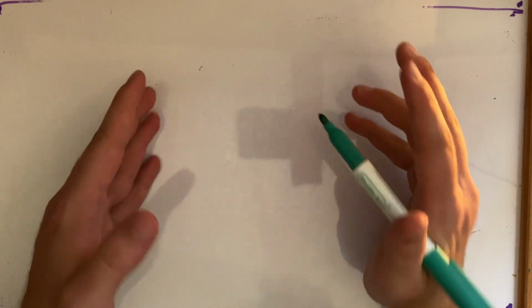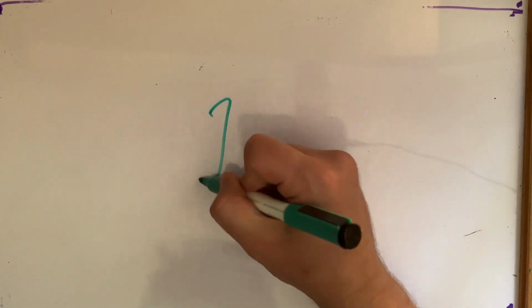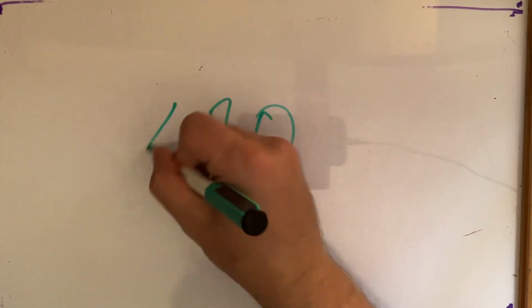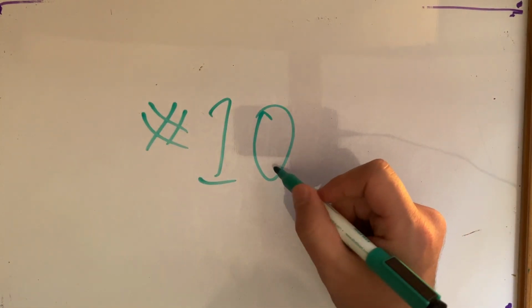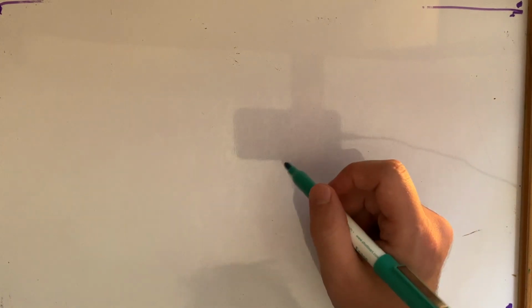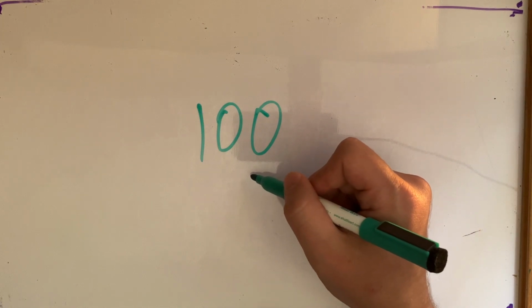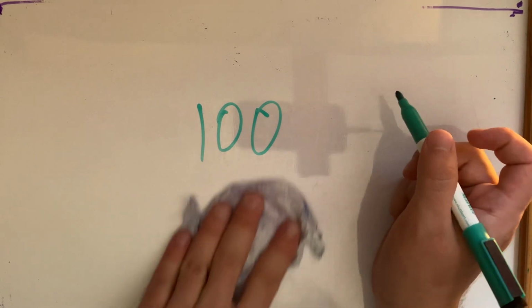Base 12 is supposed to be easy. So even if some of this is not linguistically correct, already our system is flawed. Calling this 10 instead of 1t. So calling this 100 instead of, I don't know what it should be called, really.